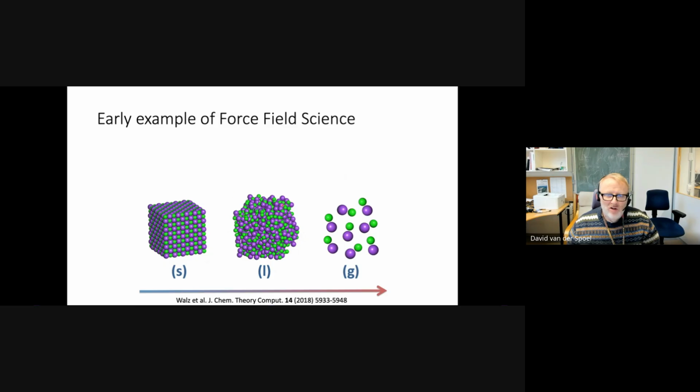Then, of course, the surrounding of all the atoms changes a little bit. Density changes quite a bit. And in the gas phase, you typically have ion pairs, which can vibrate. So if we have one model that can do all that, that would be great.